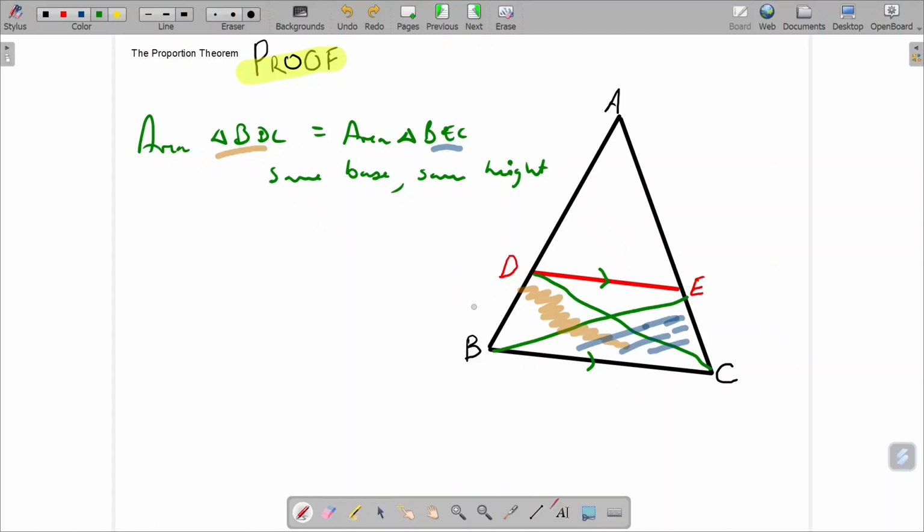A second piece of knowledge that I'd like to work through with you is the idea of what happens if I compare the blue triangle over there to this red triangle over here.